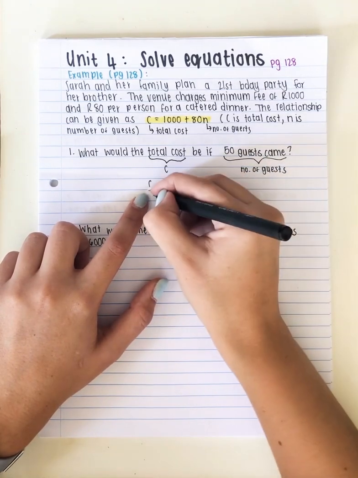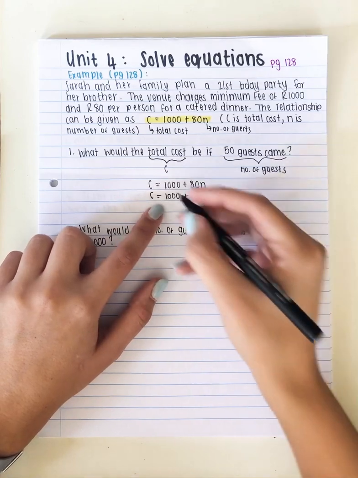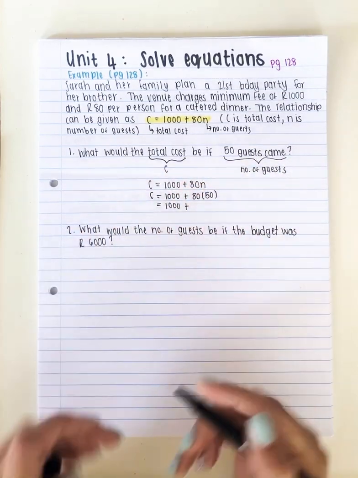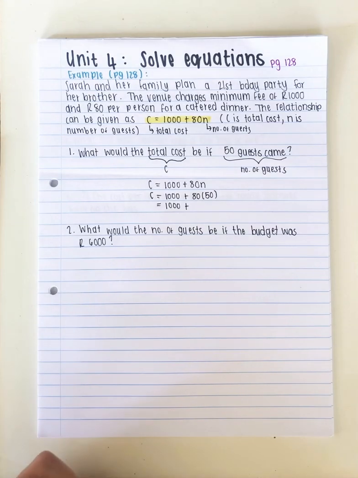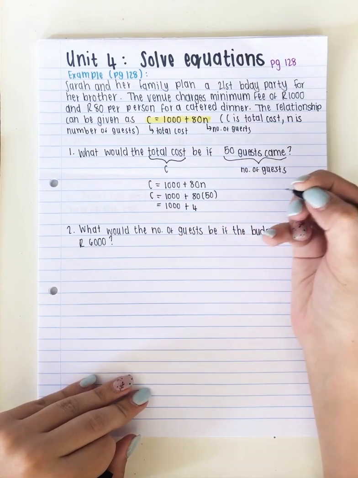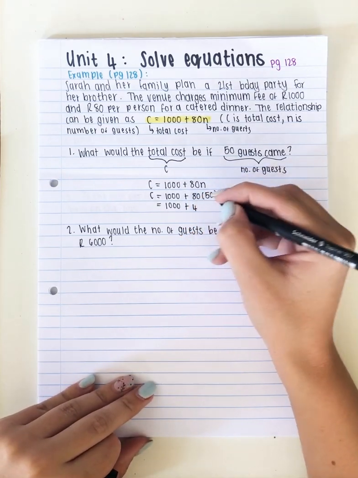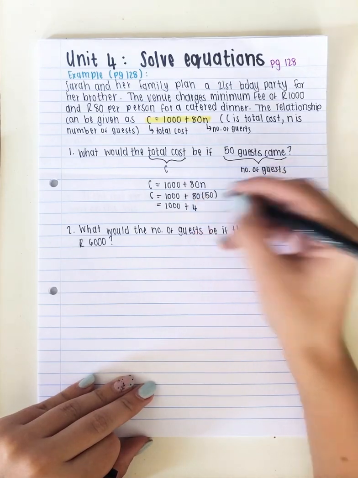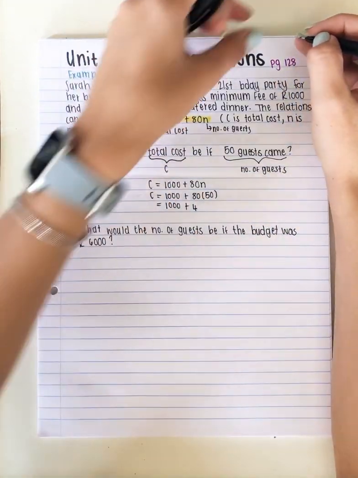The C is what we're looking for. So this is 1,000 plus 80 times 50. Sorry guys, I'm doing this without a calculator.